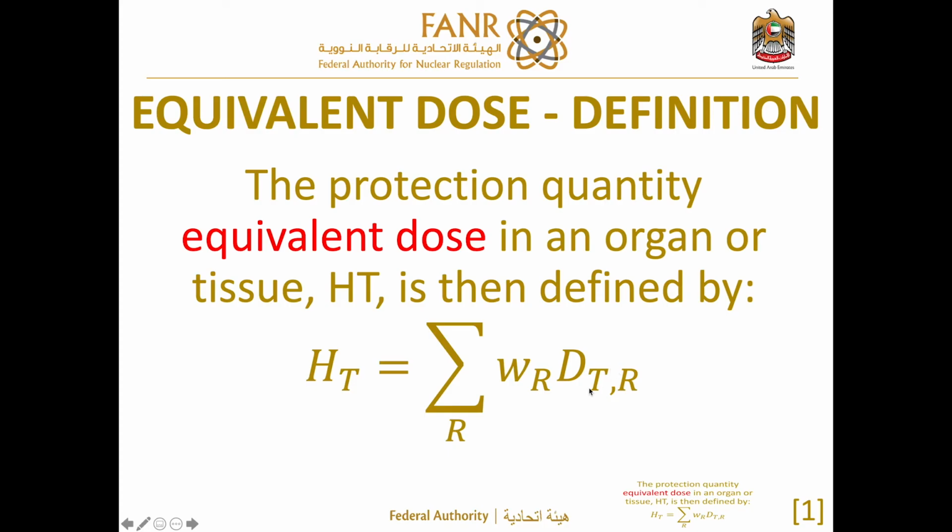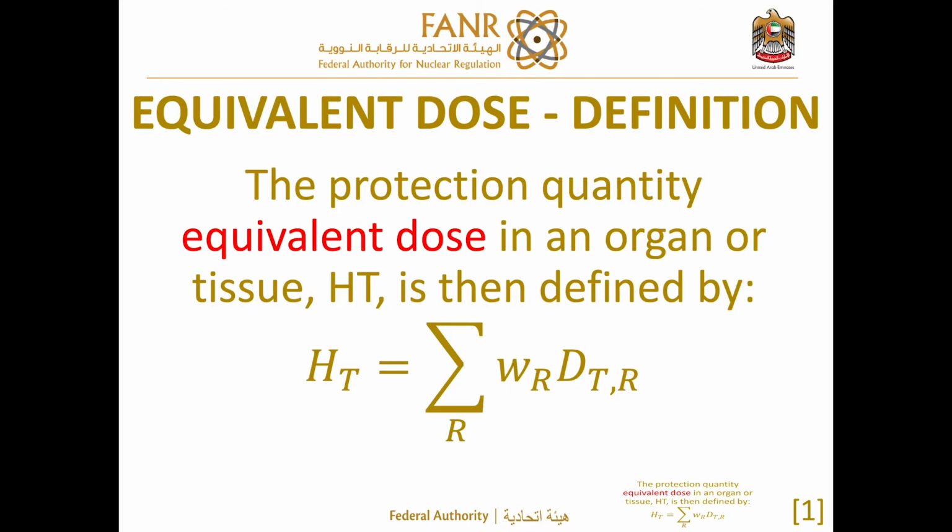This means, let's suppose that there is only one radiation, only photons. And the photons deliver dose only to one organ. Let's imagine the hands. A person is exposing her hands in a beam. They deposit a certain absorbed dose. What we will need to do in order to calculate the equivalent dose is to multiply the weighting factor for photons by the absorbed dose due to photons on the hands.